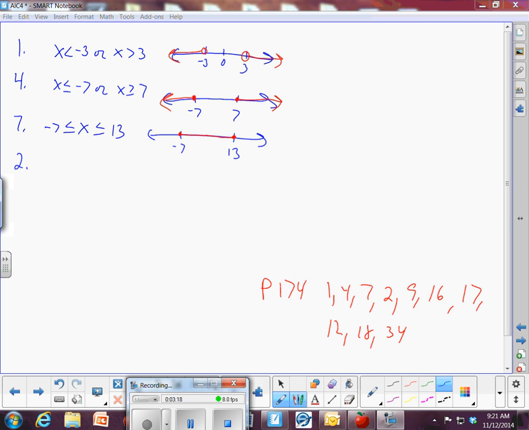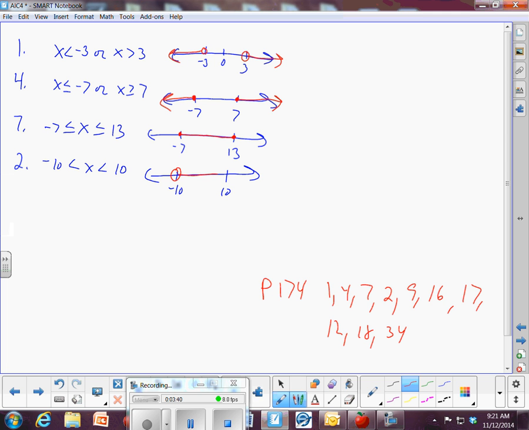Okay, number 2 then. The numeric answer is -10 less than x less than 10. Again, this was a conjunction. So they should have a circle on the -10. The -10 is not included.